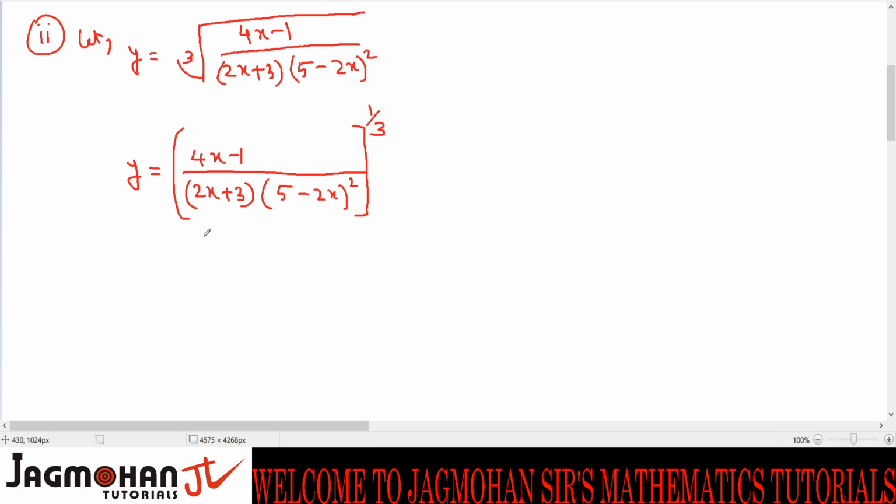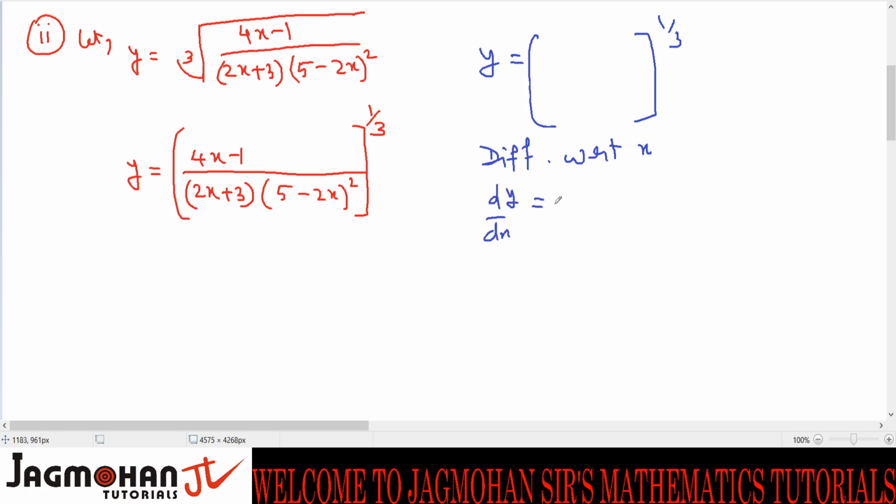If I start differentiating this as it is, it's going to be a mess. It will be very difficult, not impossible, but very difficult. Suppose I have y equals to this thing raised to 1 by 3. If I'm differentiating at this very stage, I will get d by dx of y equals d by dx of this thing.